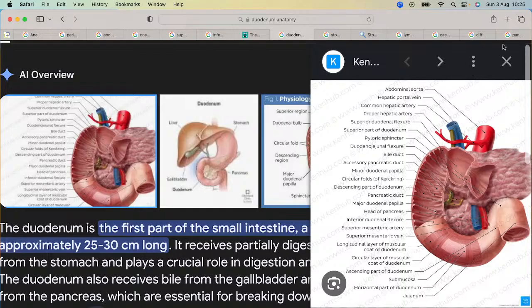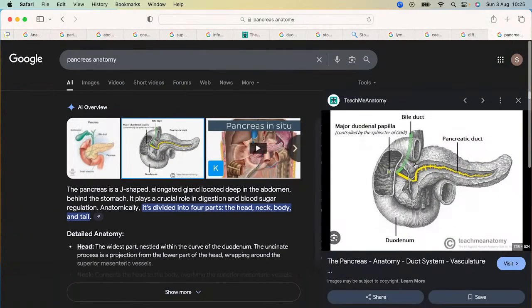If you look at the picture of the pancreas, the pancreatic duct runs throughout the pancreas and connects at the major duodenal papilla of Vater. You can see the common bile duct together with the pancreatic duct. They merge together and release their content into the duodenum.